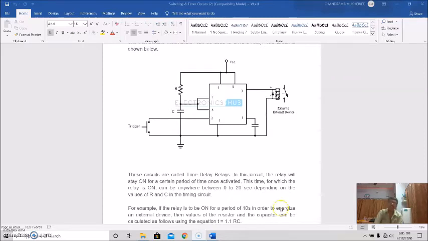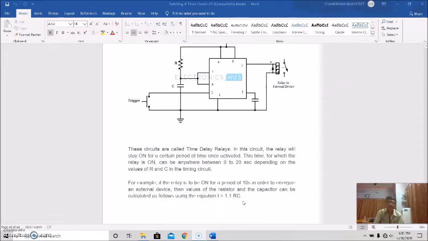So if you change this value R and C, or only R, keeping C constant, you can change the timing period for which the relay can be made on.